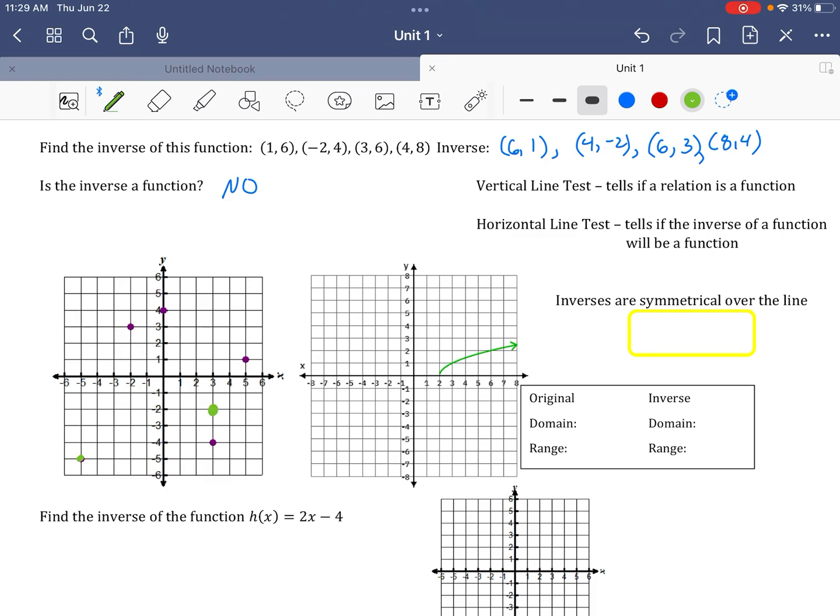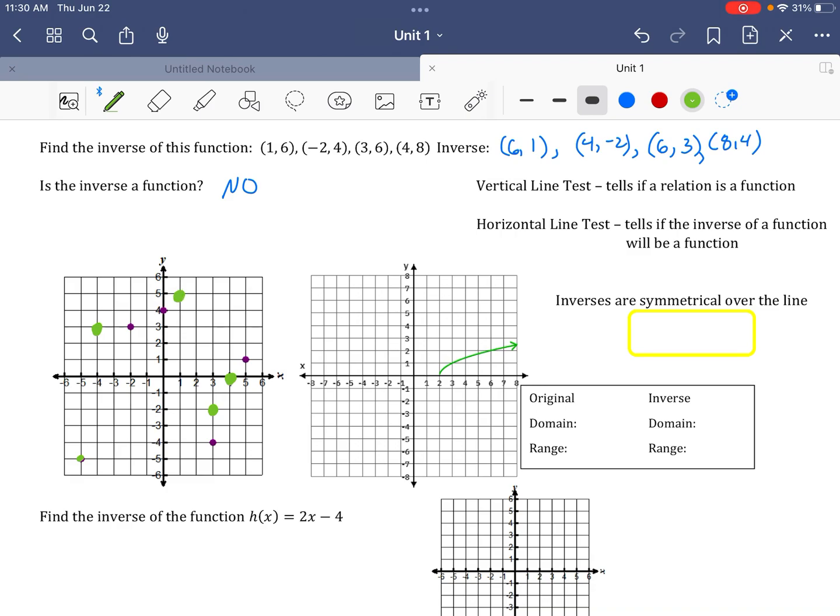So right there. This guy up here, 0, 4, is going to be 4, 0. Down on the bottom right, 3, -4 would be -4, 3. And the last one on the right, 5, 1, would be 1, 5.